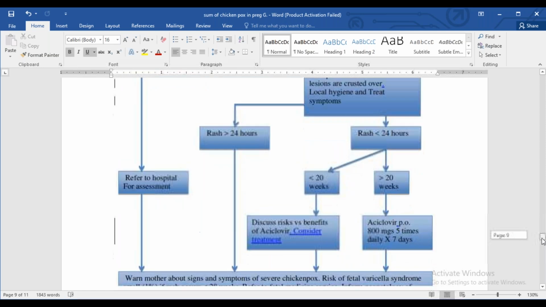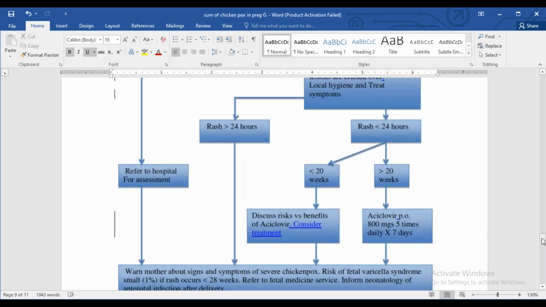Okay, so what if this patient came to you after 24 hours of the rash appearance? Here we have to categorize our patients because we are going to select which patients are fit for acyclovir treatment and which we can't give acyclovir.